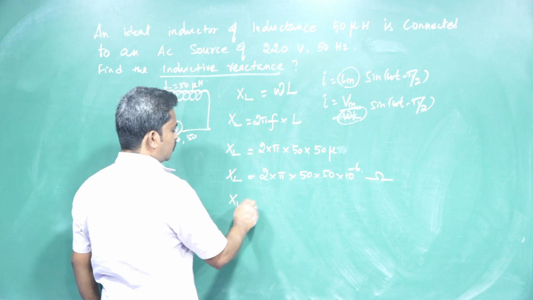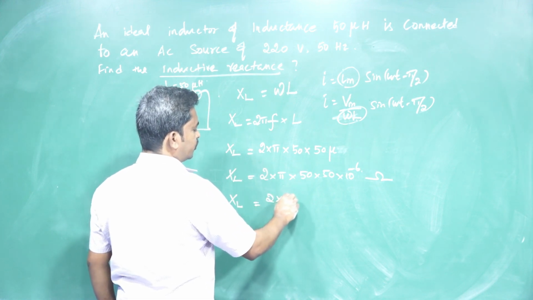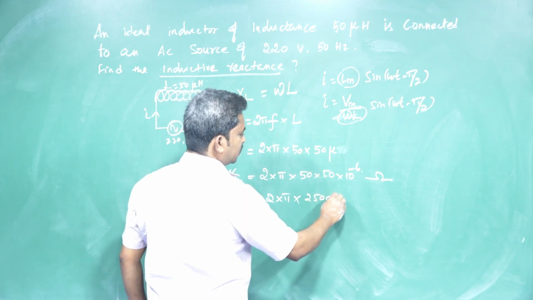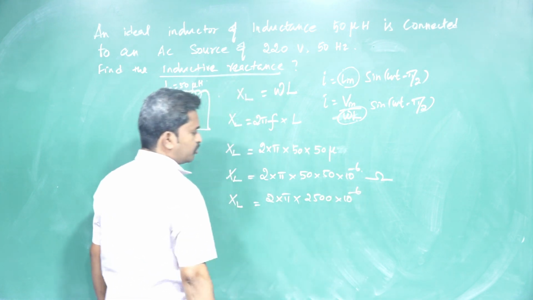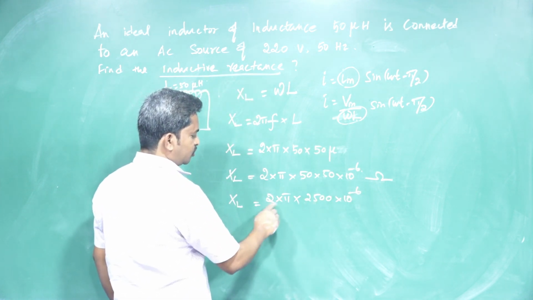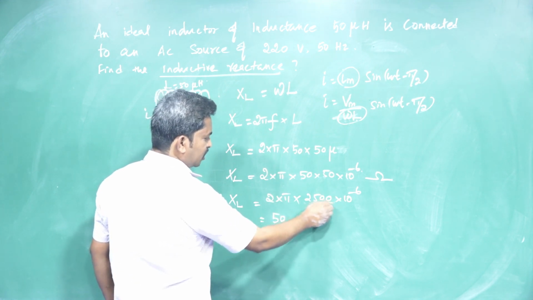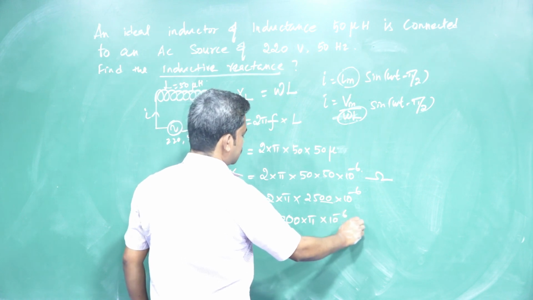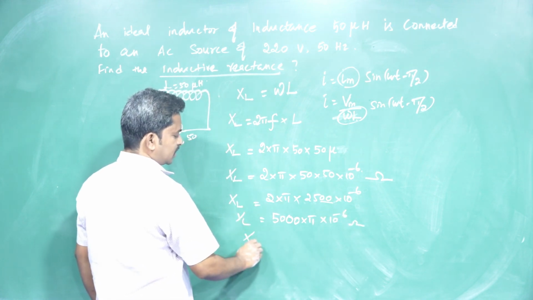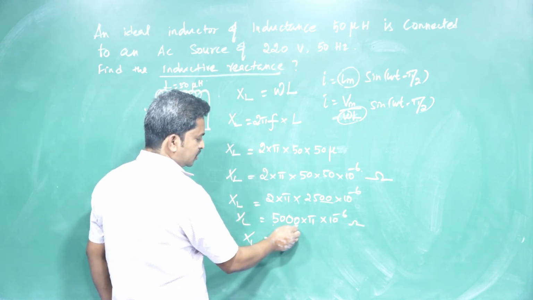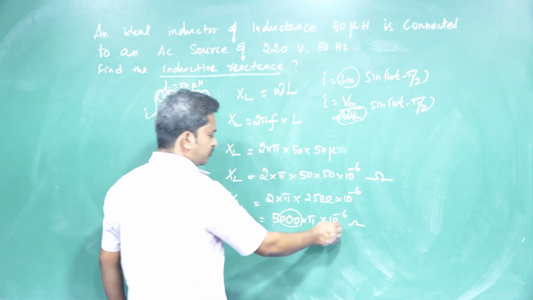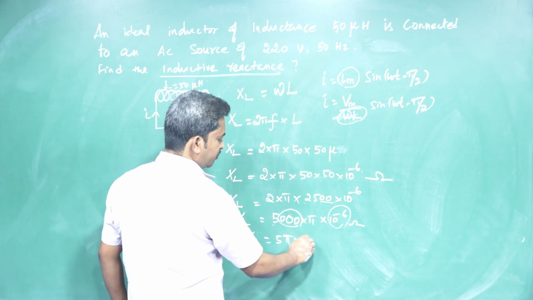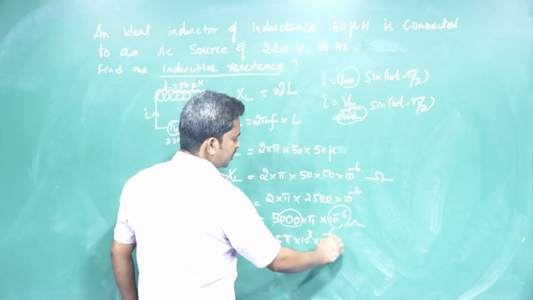So XL is equal to 2 into pi into 2500 into 10 power minus 6, which is equal to 5 pi into 10 power plus 3 into 10 power minus 6 ohm.